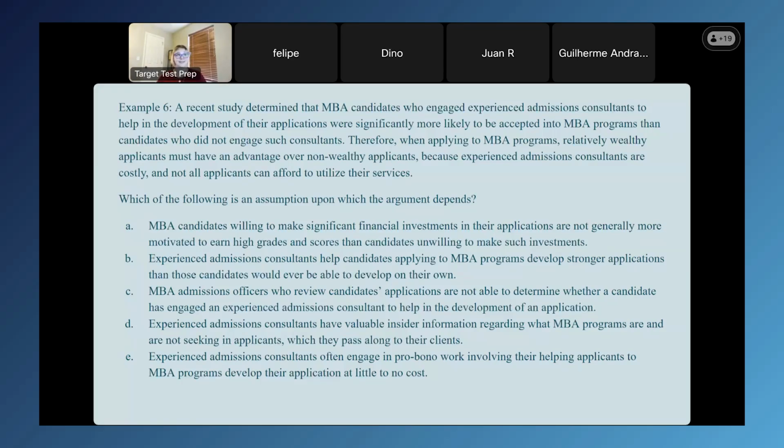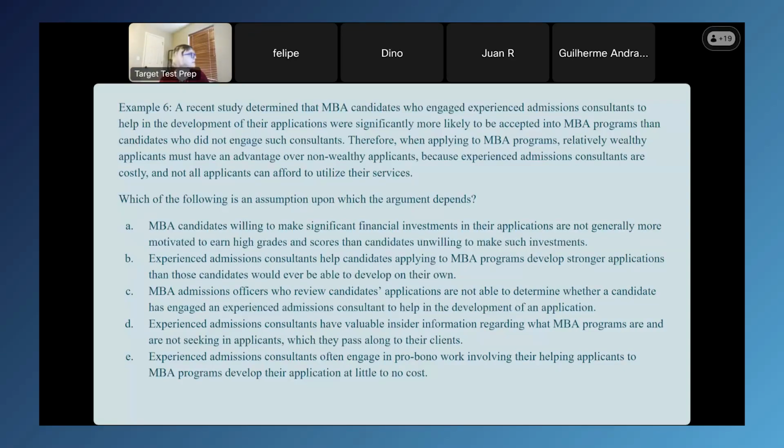That is why that's a necessary assumption, because whenever an author is saying the cause is, in this case, being wealthy, and the effect is you have an extra advantage, they're assuming that there's no other causes going on. But if the cause is actually motivation and not necessarily wealth, then their conclusion doesn't hold up.